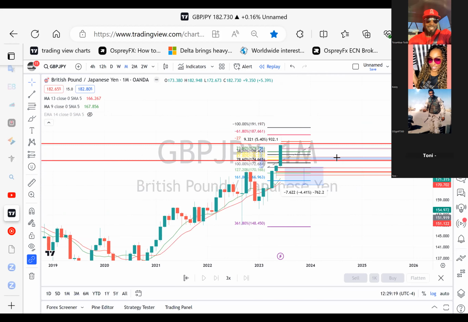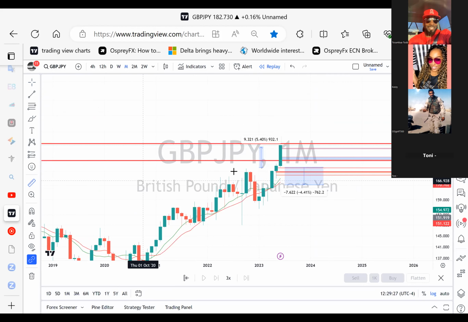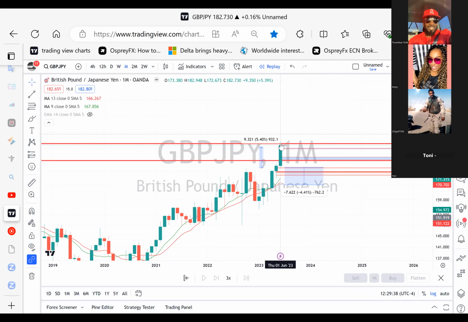I don't have to trade GN next week when I look for a pullback, because there are other monthly candles that gave us 925 pips so far. So this goes a little bit higher, which I expect for it to go. Maybe this is a 1,000 pip candle by the time the month is up. In the pullback, maybe the pullback is 500 pips.